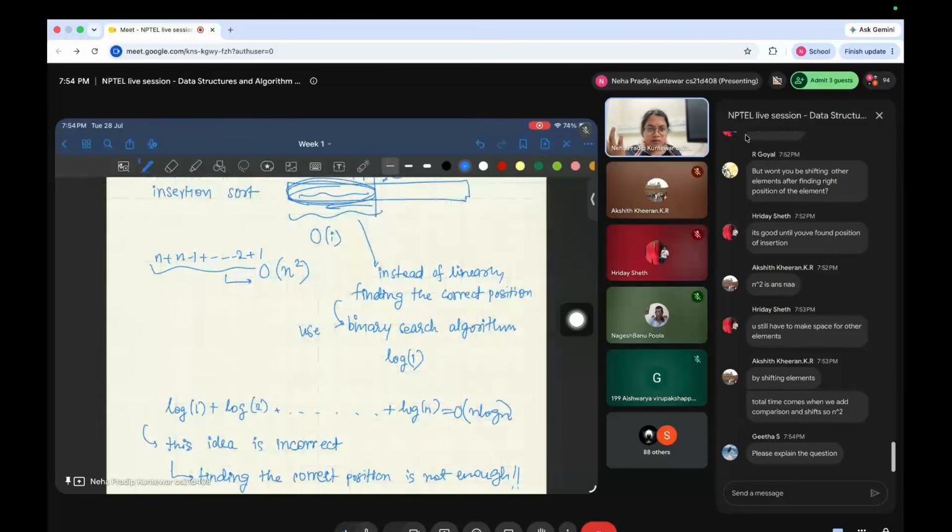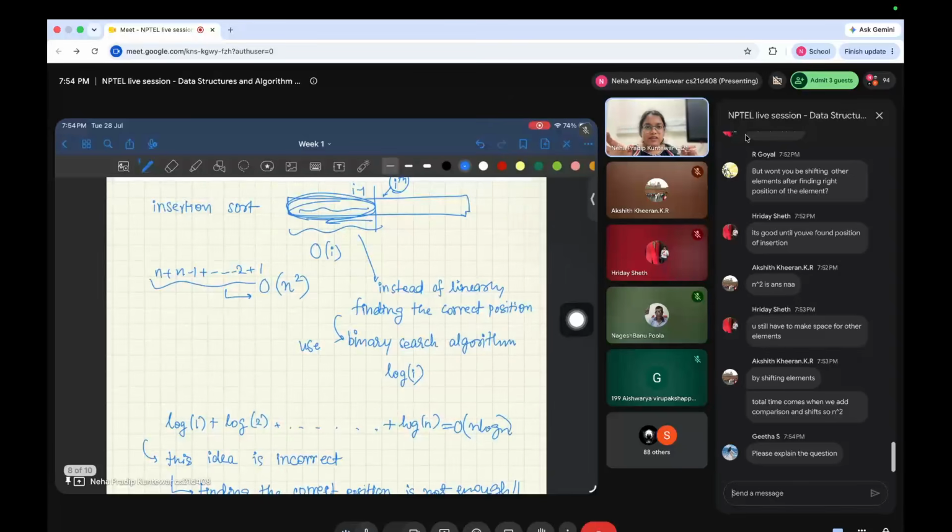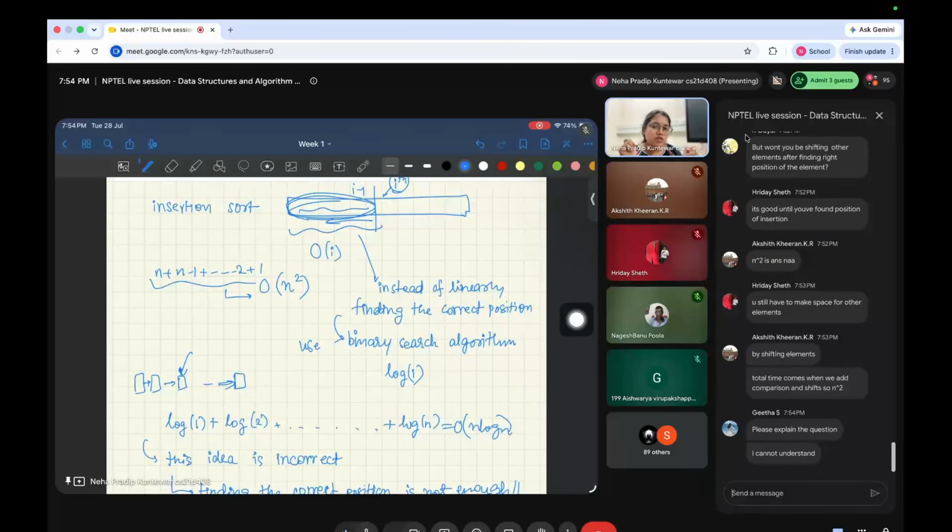So let's say that this were a linked list, where I have a sorted linked list, and now I know that this is the correct position for a new element. So what I'll do is I will update this pointer as such, remove this, and get a sorted linked list. So does this mean that if I were to use a linked list instead of an array, then I'm doing something better in terms of time?